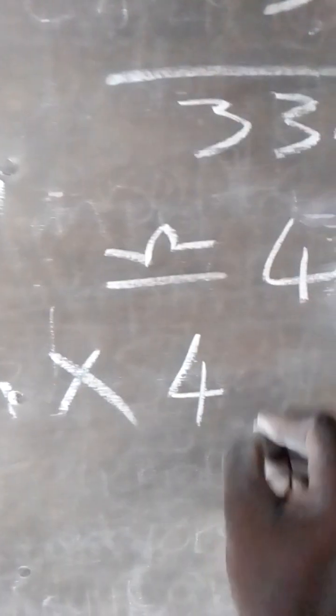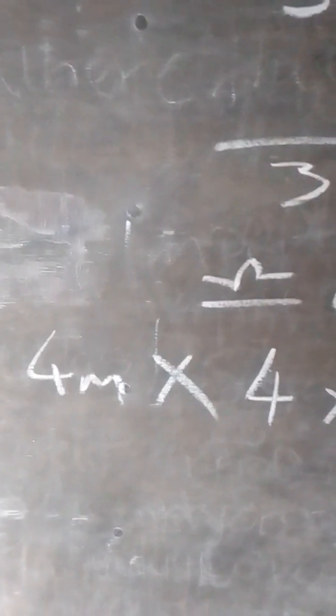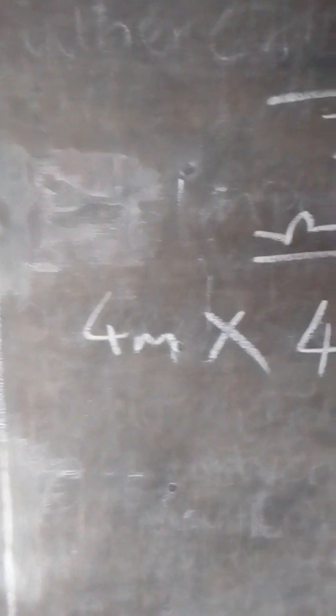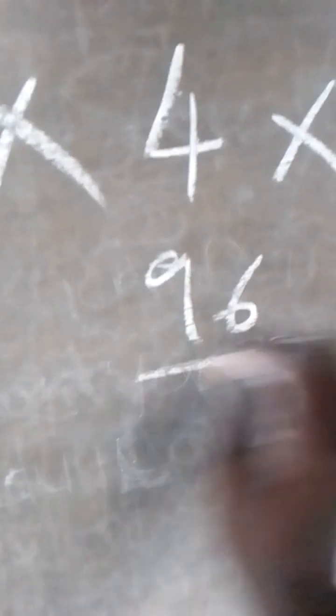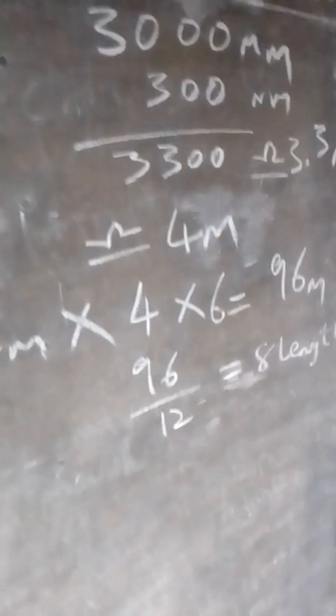It should remain 4 bar, times the number of pillars, which is 6. Almost the same thing as the ground floor. What is it? 4 times 4 times 6, which is 96 meter. When you divide 96 by 12, you get 8 length of 16 rod.